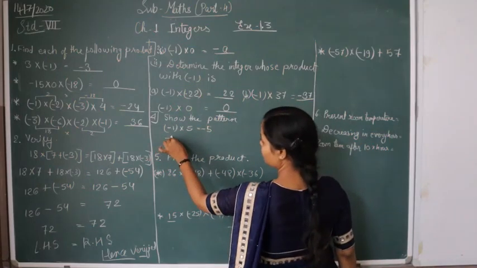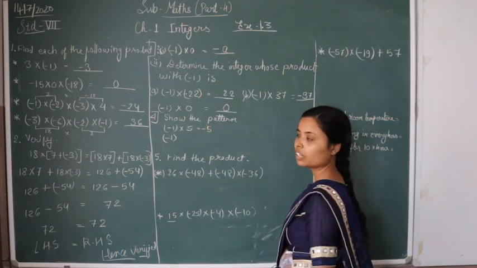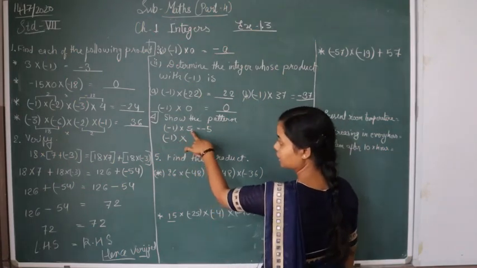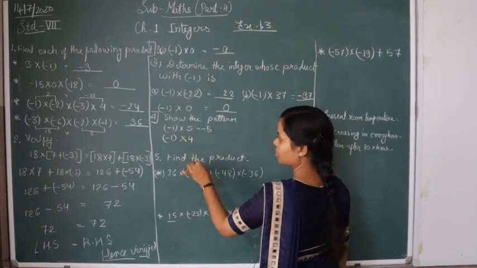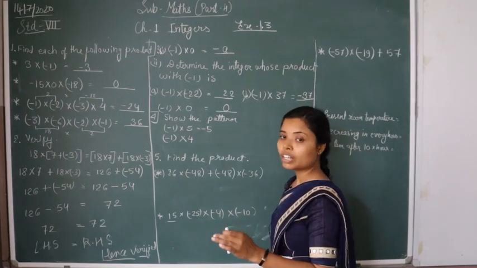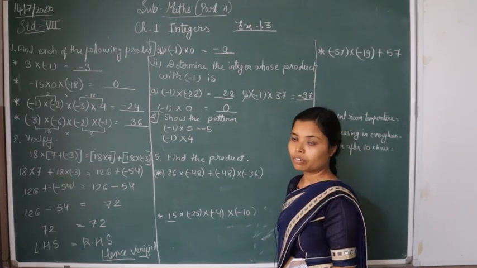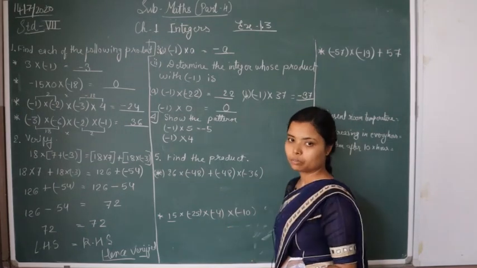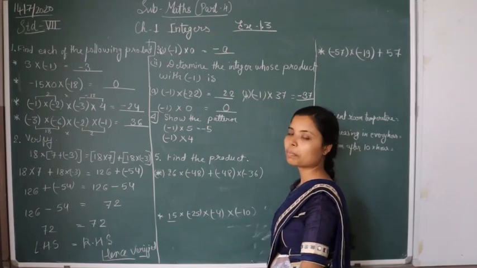So look at here. Firstly we will take minus 1 and multiply its predecessor. Do you know what is a predecessor? When 1 is subtracted from any number, the answer is its predecessor.